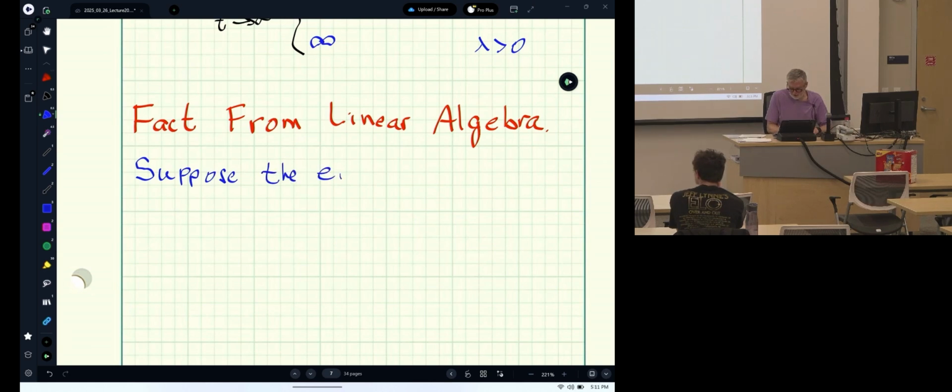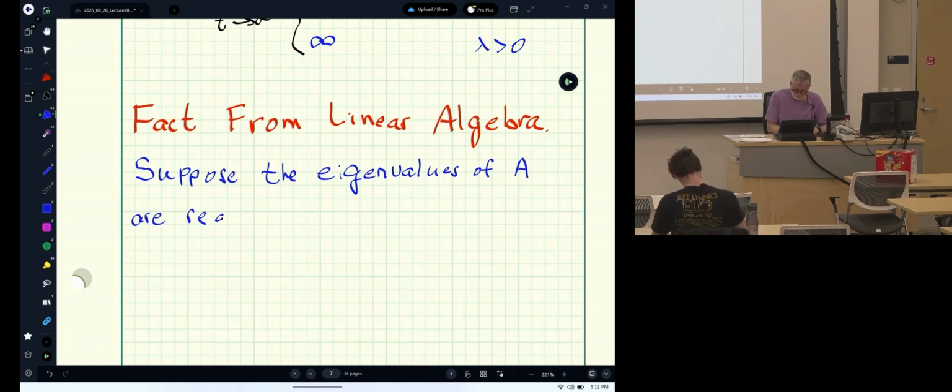Suppose the eigenvalues of A are real and distinct. Okay.